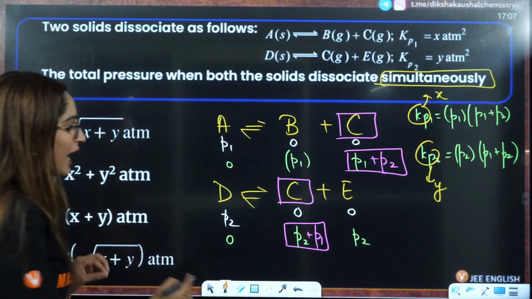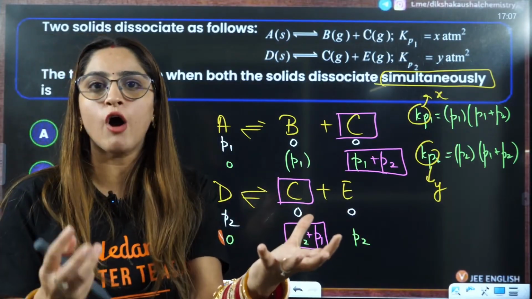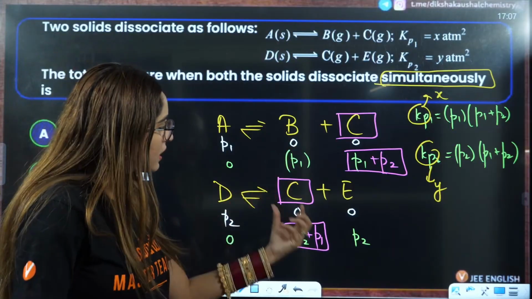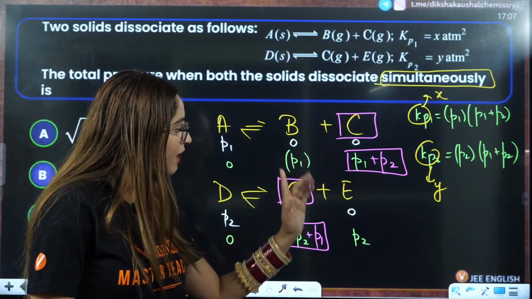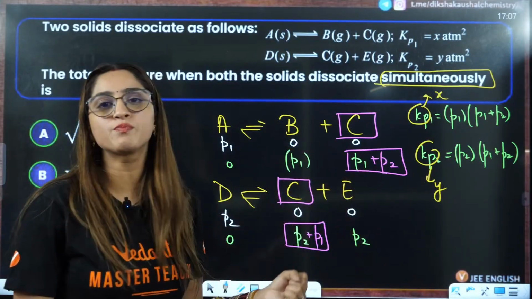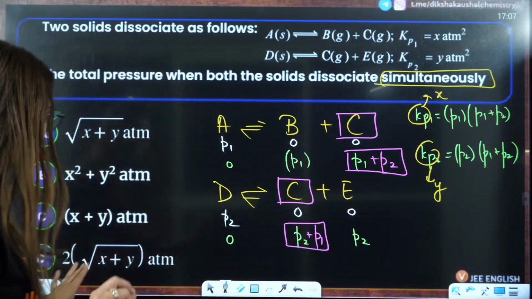Because, see, this is a simultaneous equilibrium. In that beaker, you have how many things? B you have, C you have, and E you have. C is P1 plus P2, B is P1, E is P2. So it will be P1 plus P2, P1 plus P2, that is 2 times P1 plus P2.